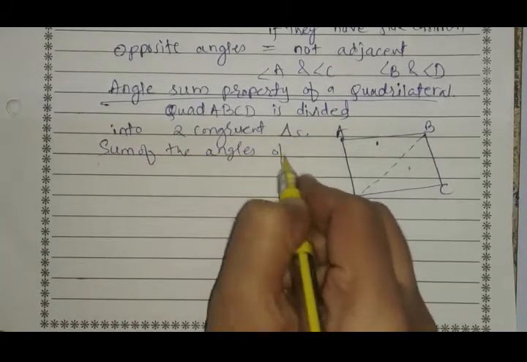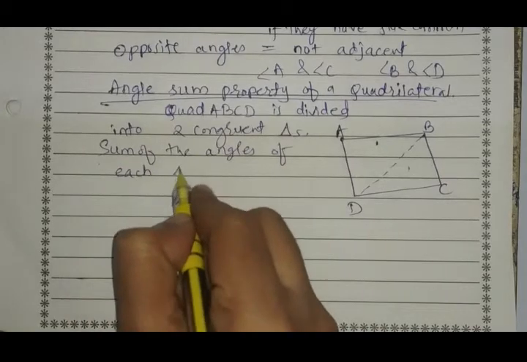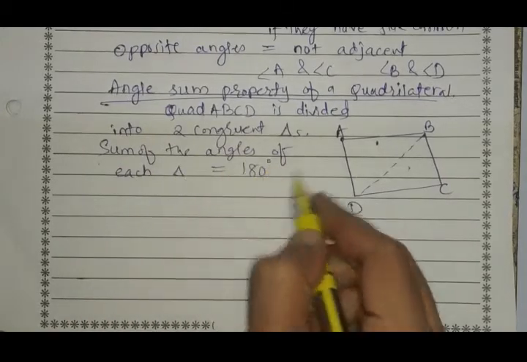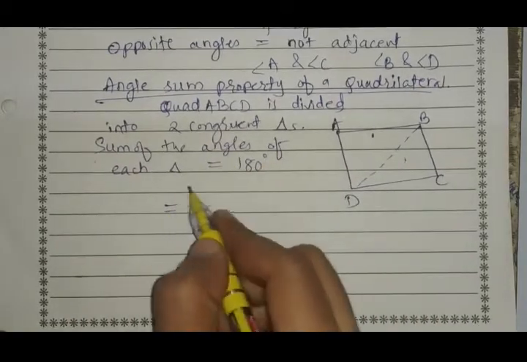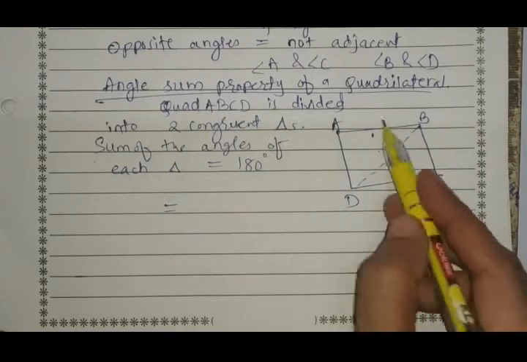We know that the sum of the angles of each triangle is equal to 180 degrees, and here we are having two such triangles.